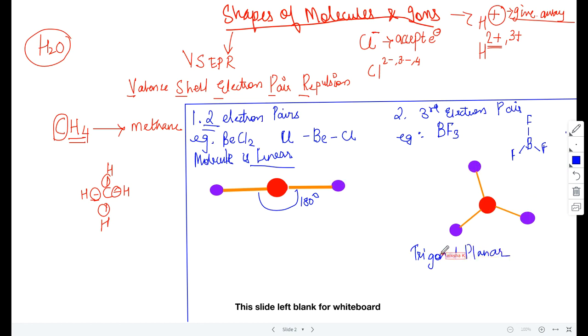Okay. And the bond angle, since it is three sided, what can be the angle? Linear, you told me it was 180. The possible angle which can form over here: 120 degrees. Very good. They have 120 degrees.